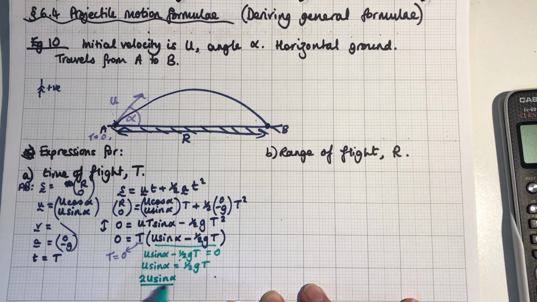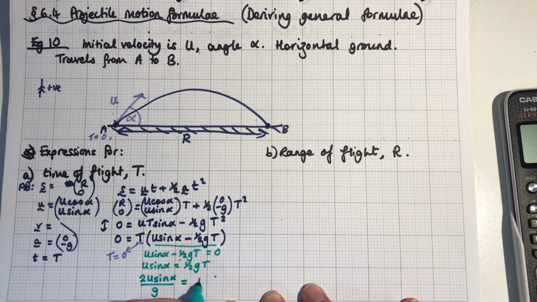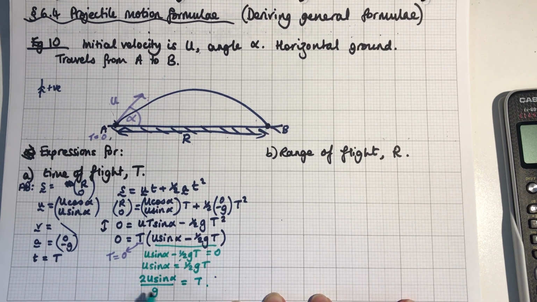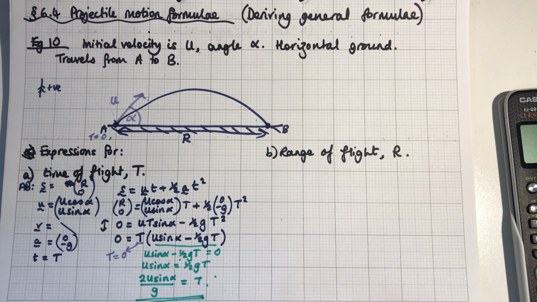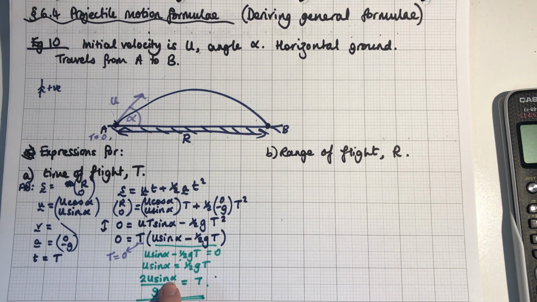And divide the g down. And we get that the time of flight is 2u sine alpha over g. And that's a general formula for the time of flight. So provided you know the initial velocity and the angle of projection, you can calculate the time of flight by plugging everything into this formula here.